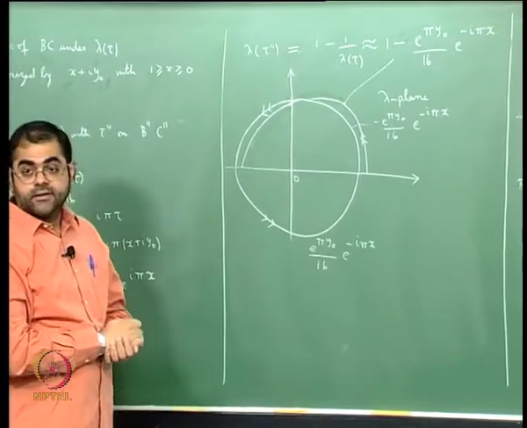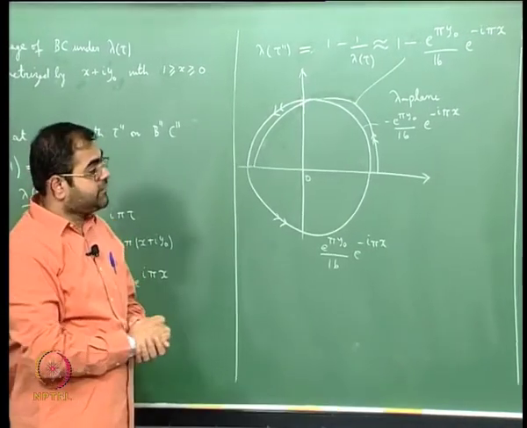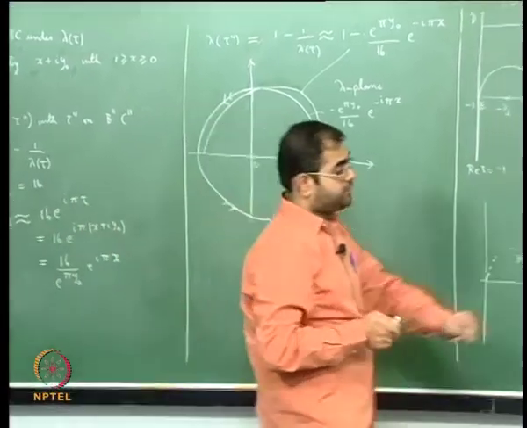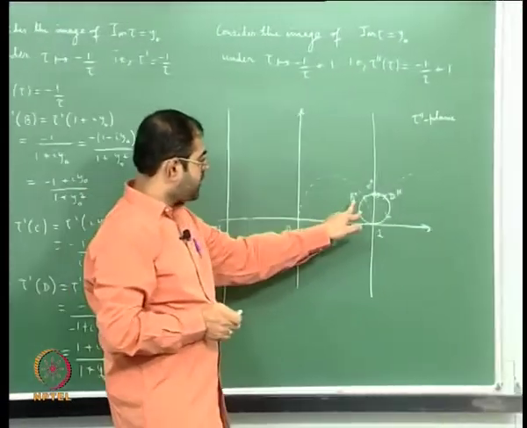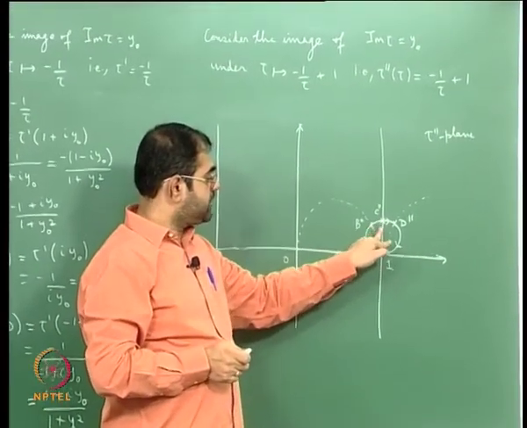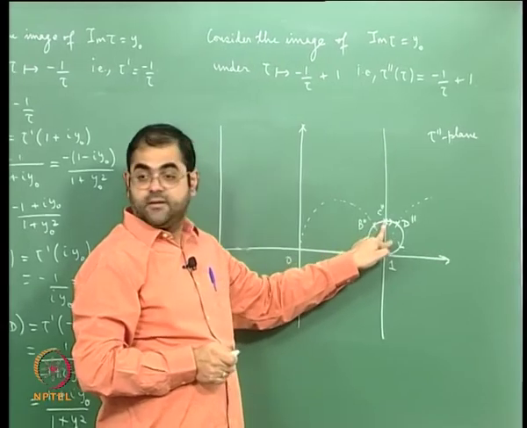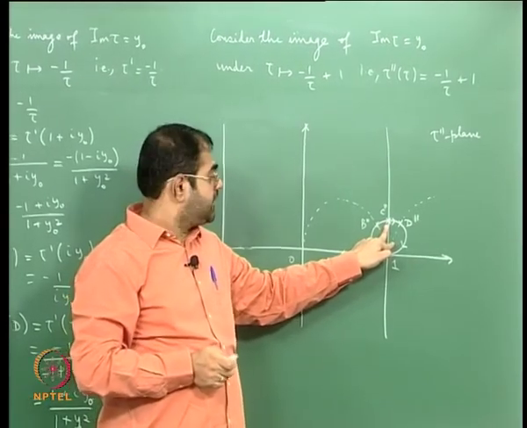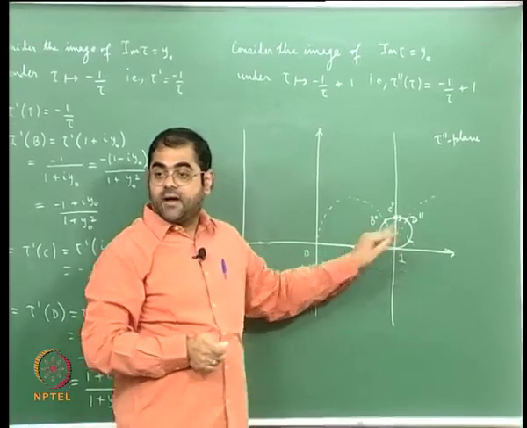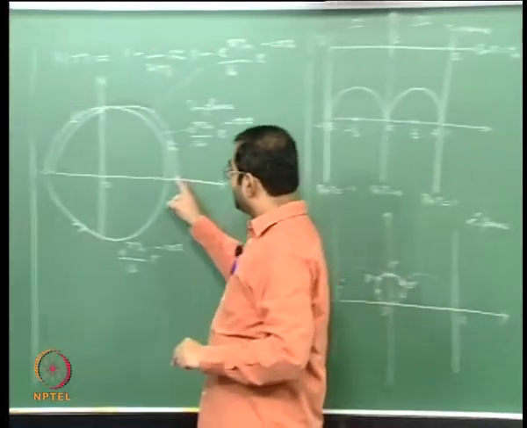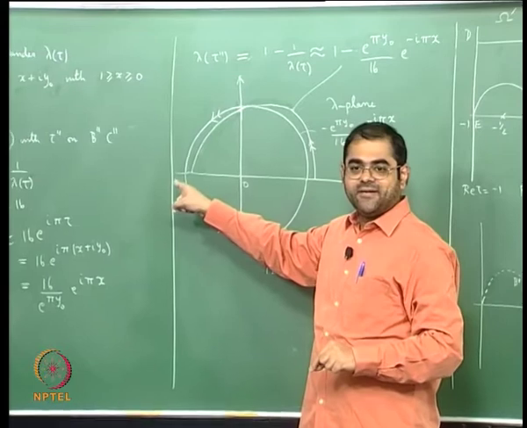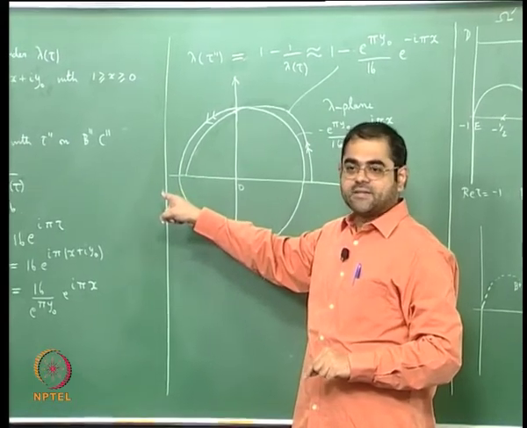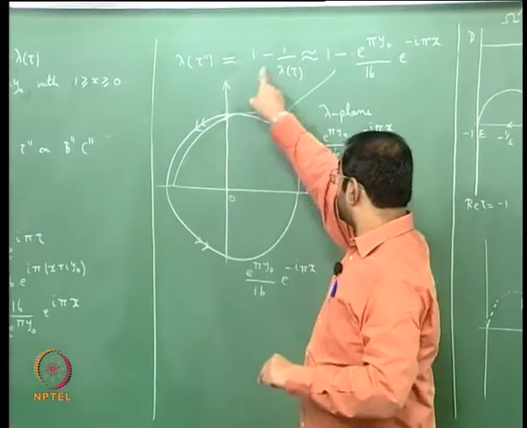So the moral of the story is that if I apply lambda to this small piece of the semicircular arc, I end up getting a full semicircular arc, or something that is close to it, because there is an approximation here.